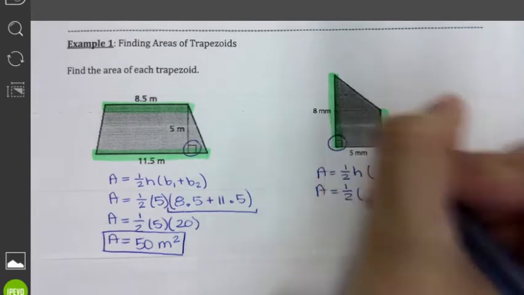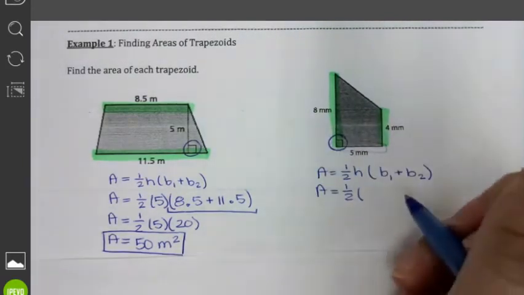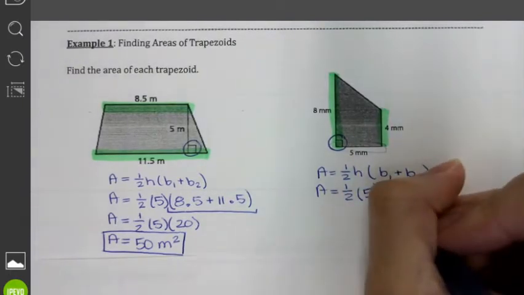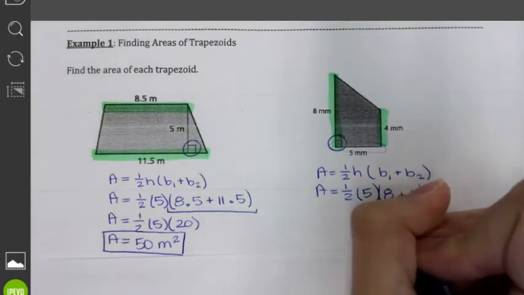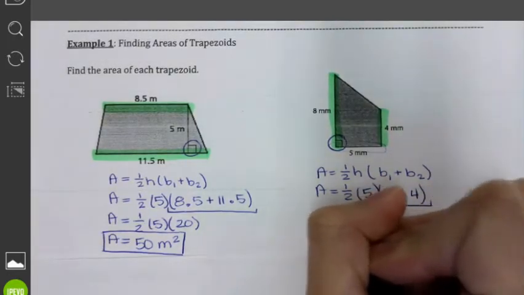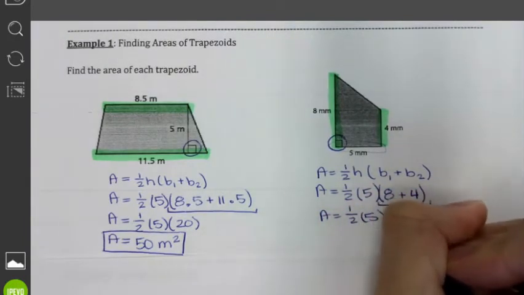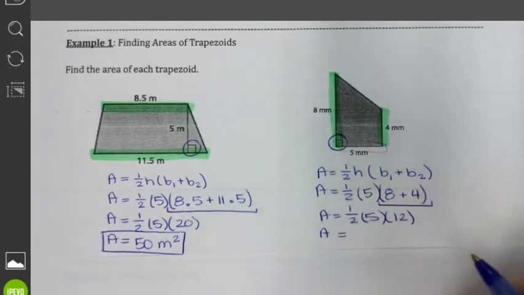We look for the right angle to identify the distance between the two bases, which is 5. And then the sum of the two bases, 8 plus 4. And we follow PEMDAS to simplify. So I'm going to do what's in the parentheses. 8 plus 4 is 12. And then I start multiplying.